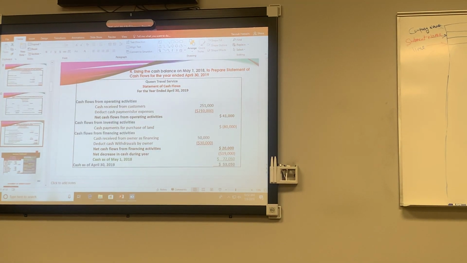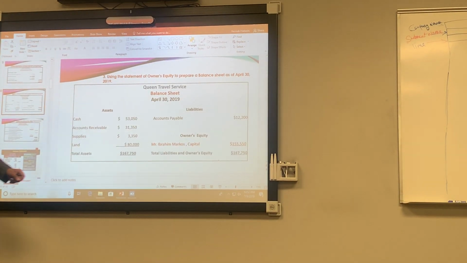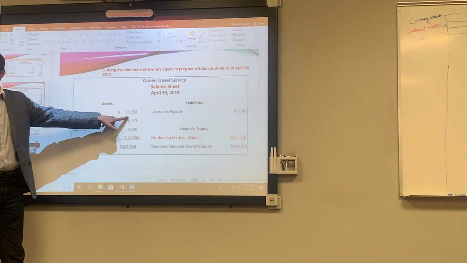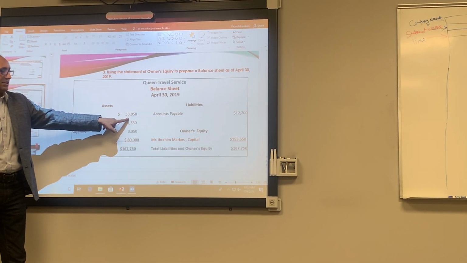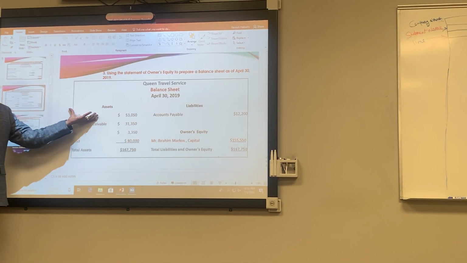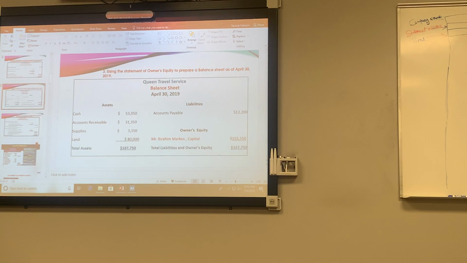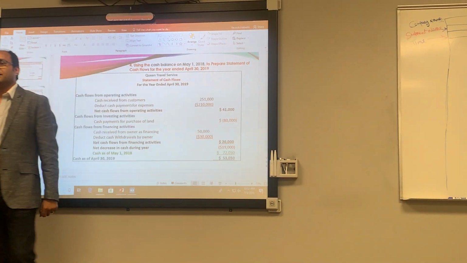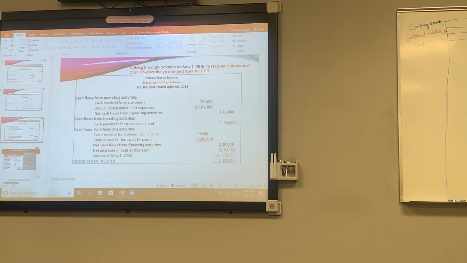See, if you go over the balance sheet, where is the balance sheet? See, cash. Here, 53,050 cash. Equal cash, because this is an asset. Equal cash here. See? It must. Take a picture.